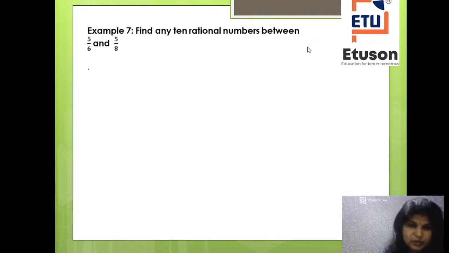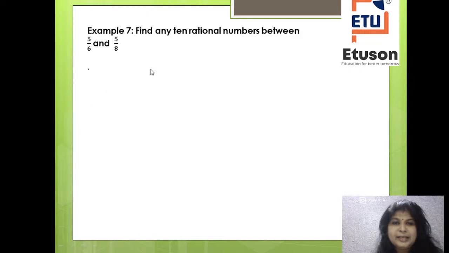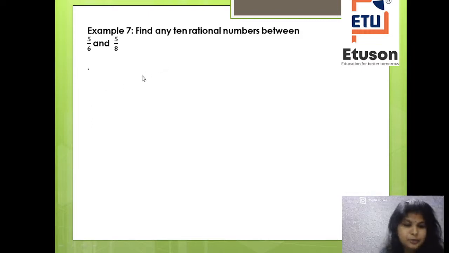Now let us go to the next problem. Find any 10 rational numbers between 5 by 6 and 5 by 8. So first what we will do, we will try to bring both fractions to like fractions. How are you going to do that? So 6 and 8, you have LCM equal to 24.